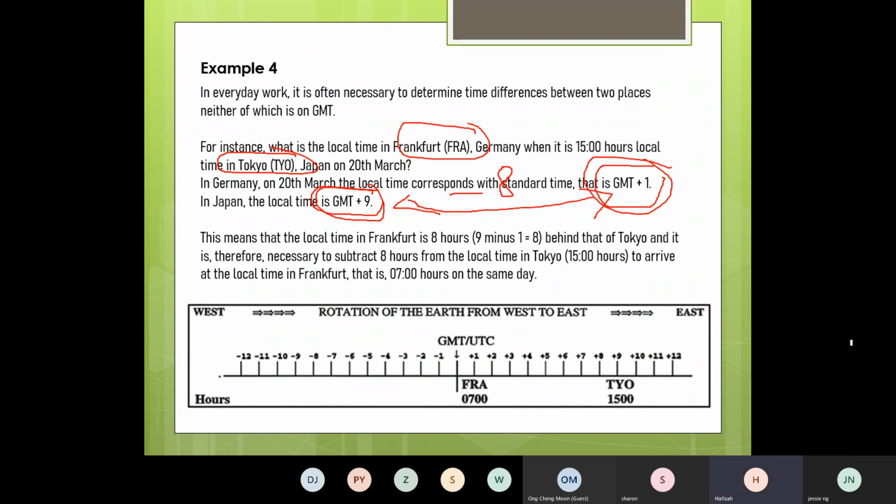Then you want to know which country you are finding, either Frankfurt or Tokyo, whether it is behind the GMT or ahead of time. So either you plus or minus to get the answer. This one is more about whether you gain a day when you cross the international date line, when you look at the date. So this is based on the time.